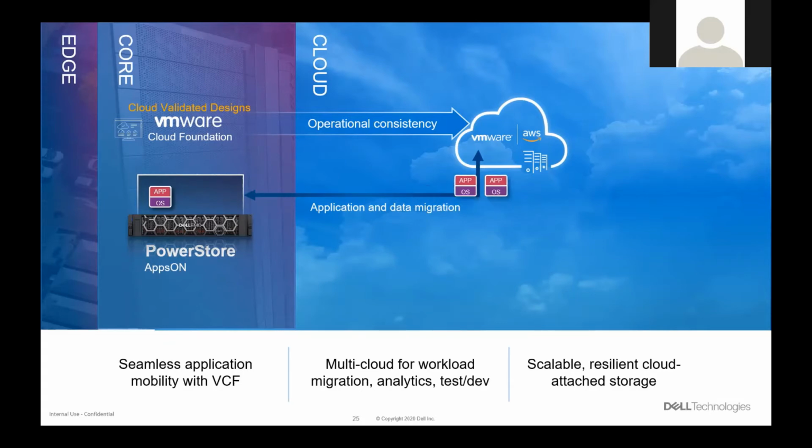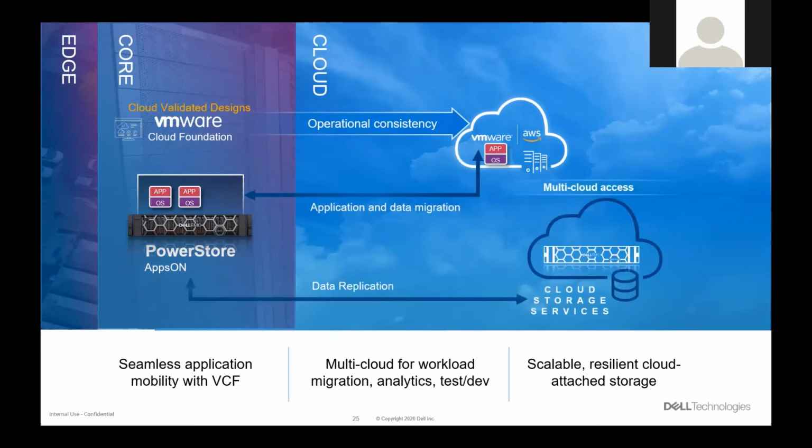And additionally, building this slide out here, you have the ability to do data replication from the PowerStore with AppsON out to the Dell Technologies Cloud Storage Services, which is a hosted solution. Basically, it's a remote PowerStore that's managed by Dell that you can have for your async or synchronous replication, depending on where you're located, and of course bandwidth and latency come into play there.